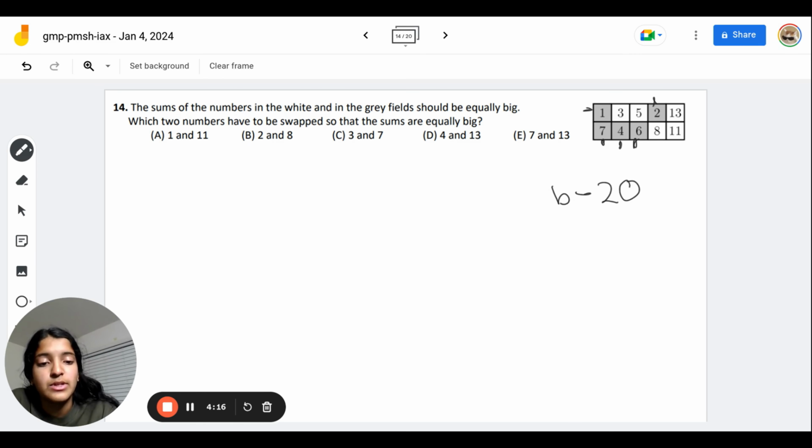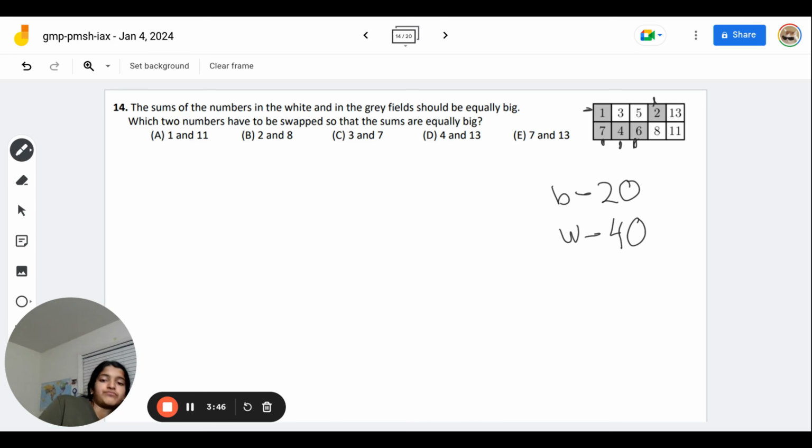And then all the white squares are, let's see, we have 11 plus 13, which is 24. 24 plus 5, which is 29. 30, 31, 32, plus 8, which is 40. So the sum of the white squares is almost double that of the black squares. So we need to meet somewhere in the middle.